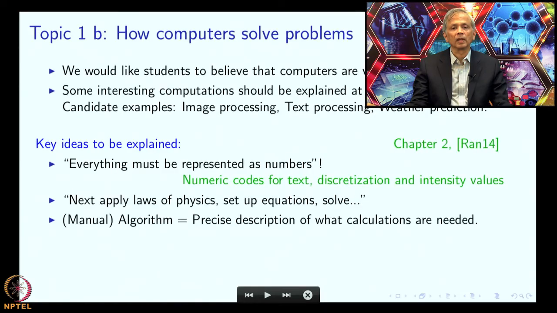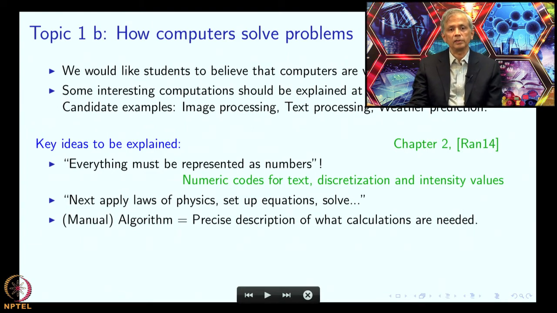Okay. Now what is an algorithm? Well, an algorithm is a precise description of what calculations are needed, and right now I am talking about a manual algorithm, and these will be, say, English language descriptions of what we do with the numbers that we just constructed. Maybe we are setting up equations, we are solving them, whatever it is.